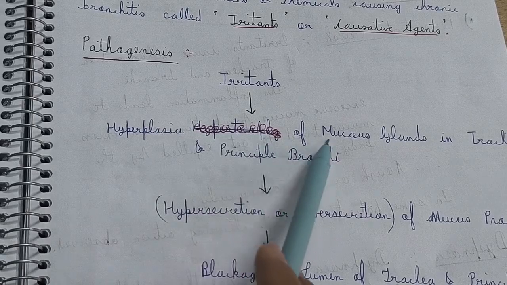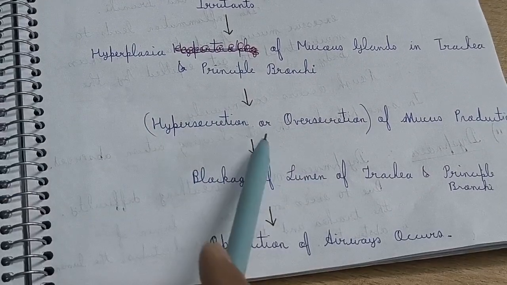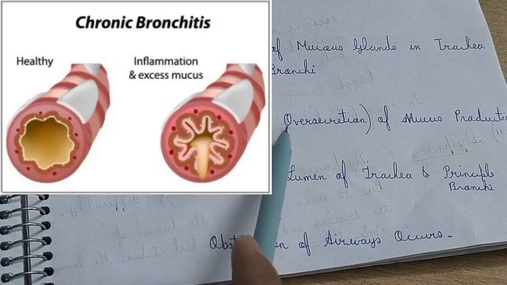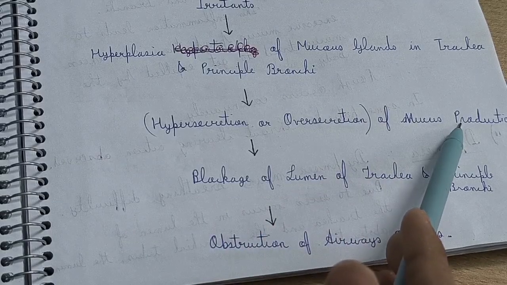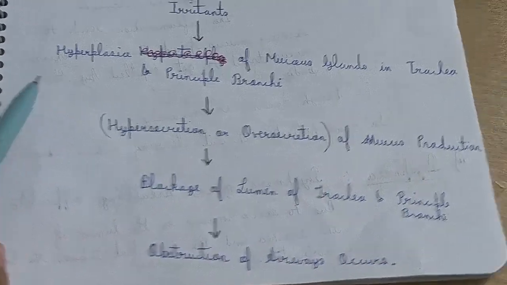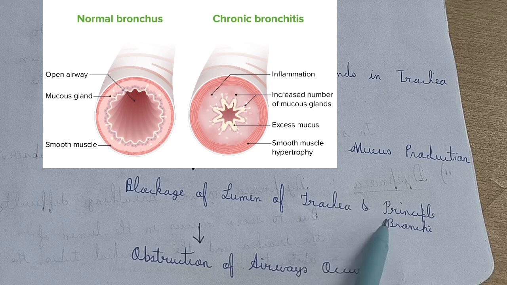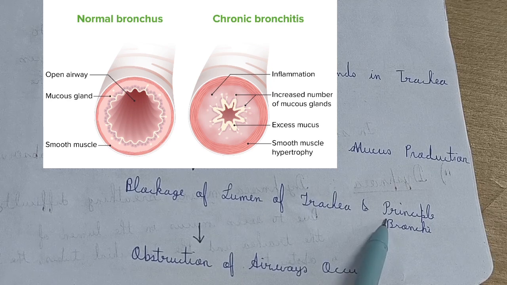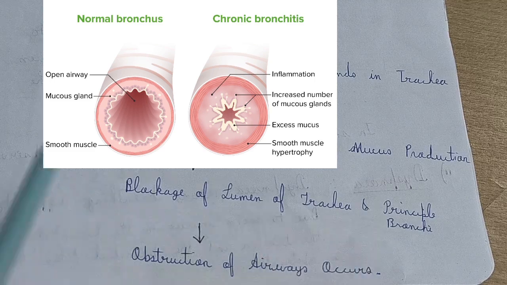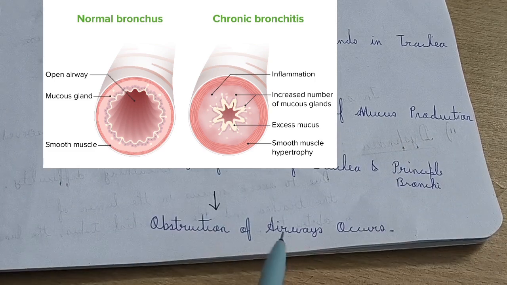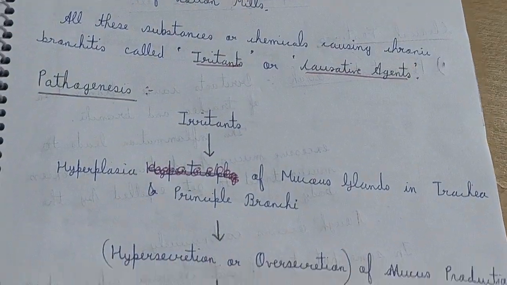Due to this hyperplasia of mucous glands in trachea and principal bronchi, hypersecretion or oversecretion of mucus occurs in the lumen of the bronchi and trachea. As a result, the lumen of trachea and principal bronchi is blocked, and due to this blockage, obstruction of airways occurs. So this is the main pathogenesis.